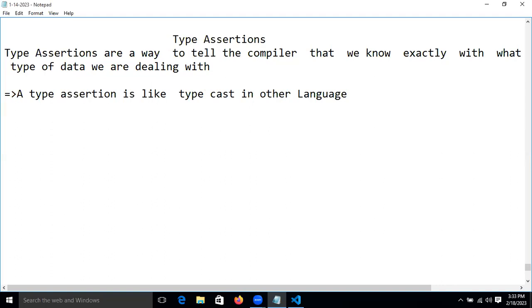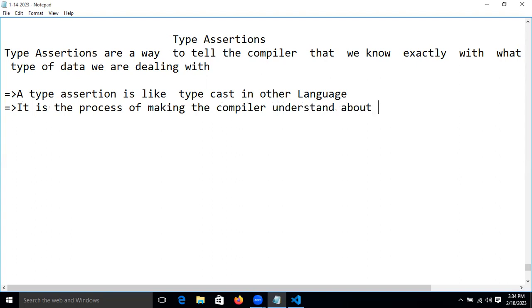It is the process of making the compiler understand the data type by converting the type.